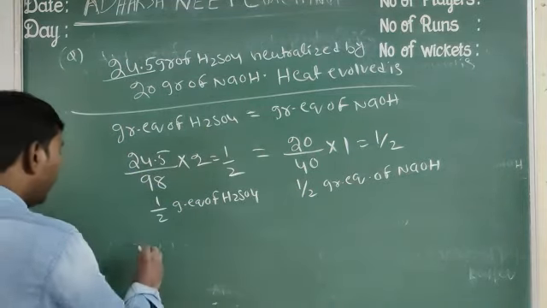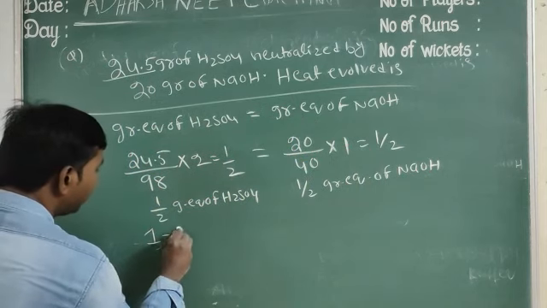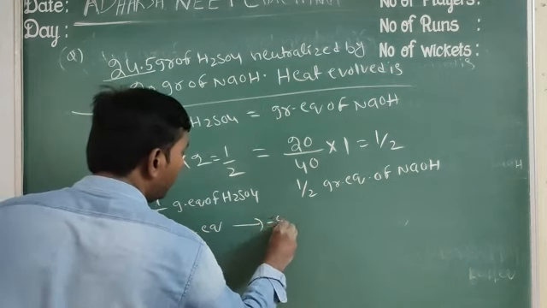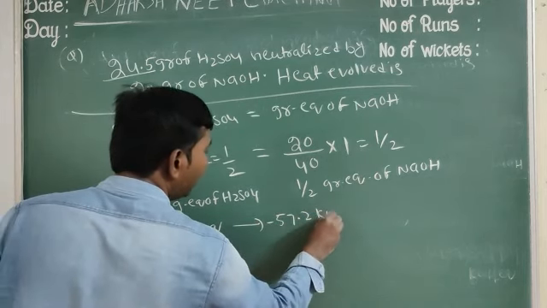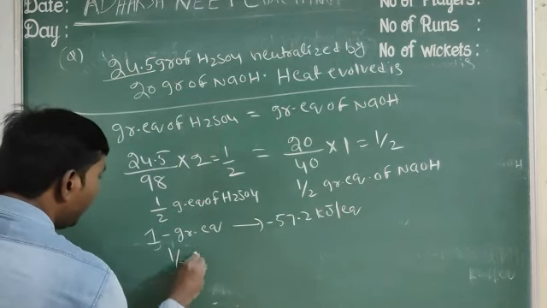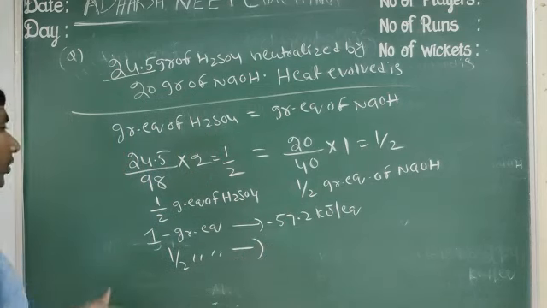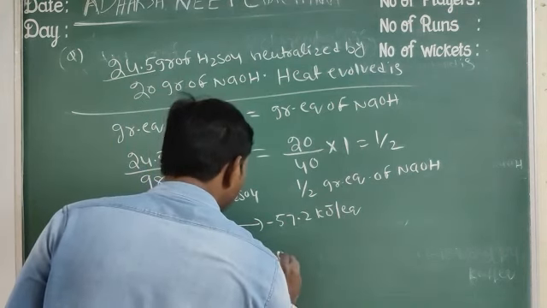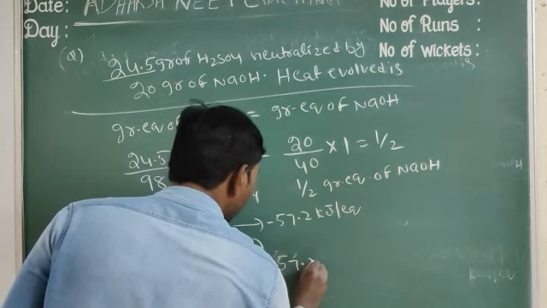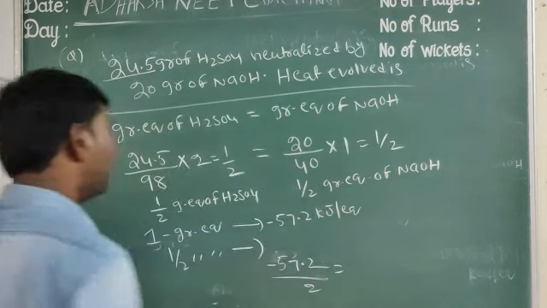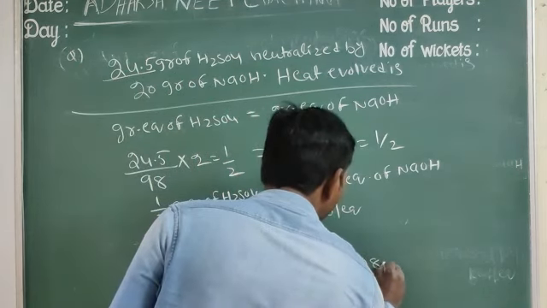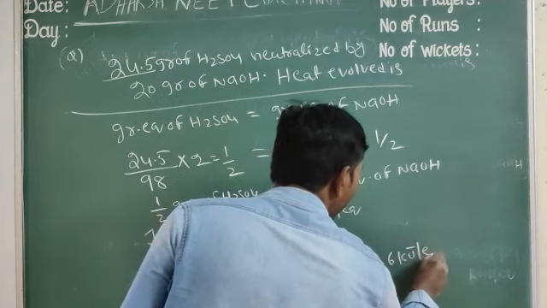So 1 gram equivalent of acid and base neutralized equals minus 57.2 kilojoules per equivalent. For 1 by 2 gram equivalent, by cross multiplication, minus 57.2 by 2, which is minus 28.6 kilojoules per equivalent.